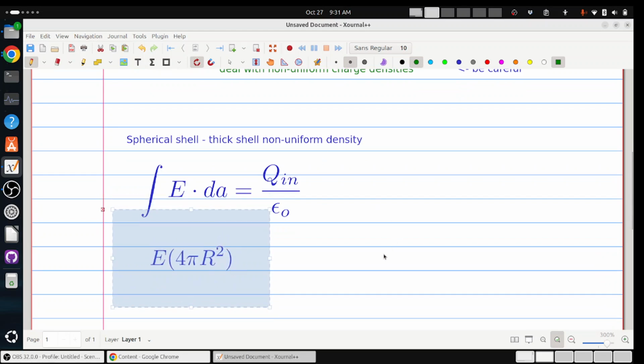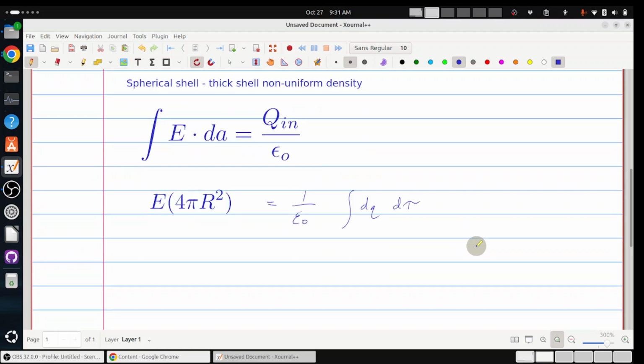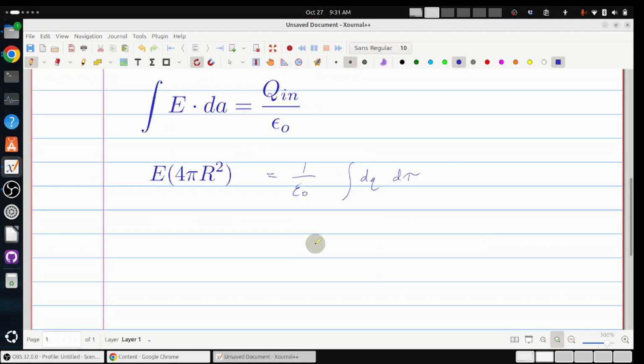But in order to find the right-hand side here, I'm going to start writing this out by hand because it's just a lot easier. We've got the 1 over epsilon naught. We're going to have to integrate dq, d tau over that spherical shell. Now, because we've got spherical symmetry, we want to use the d tau that's given to us for spherical symmetry.